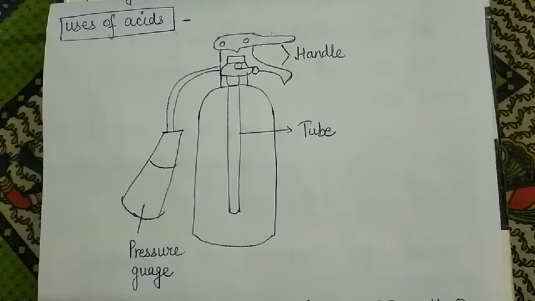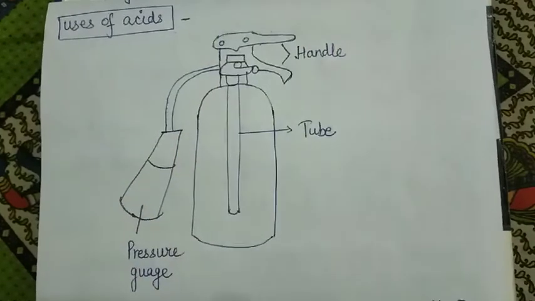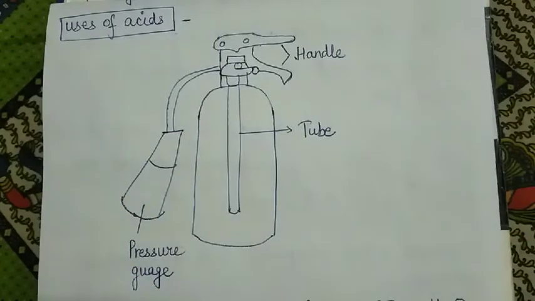For example, the first use of acid is in fire extinguishers. Fire extinguishers, which you must have seen at homes, offices, schools, etc., are used to extinguish what? Fire.